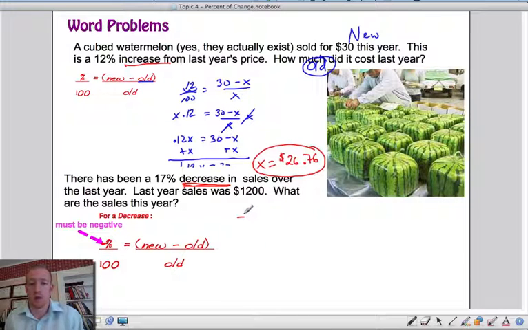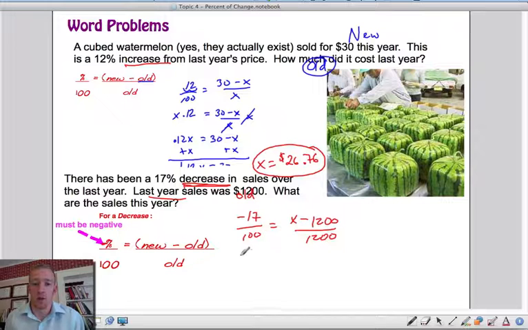Oops, my bad. We just write the number as part of this formula, negative 17, equals the new, which we don't know. That's what we're looking for, minus the old, 1,200, over 1,200. So we simplify this and get negative 0.17 equals x minus 1,200 over 1,200.